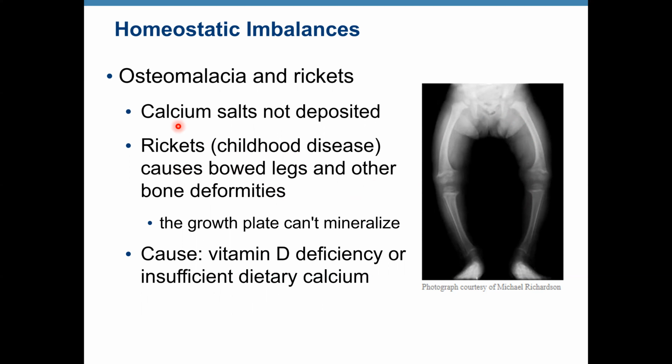So imagine if there is not enough calcium when bones are growing, then the person is putting more and more pressure and weight on those bones, especially on the lower extremities, and then they deform in their shape, right? And it can be either because of not enough calcium in the diet or because of not enough vitamin D in the diet, because vitamin D is needed for calcium absorption.